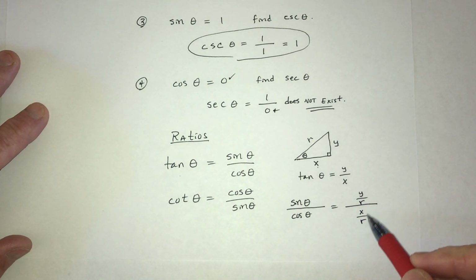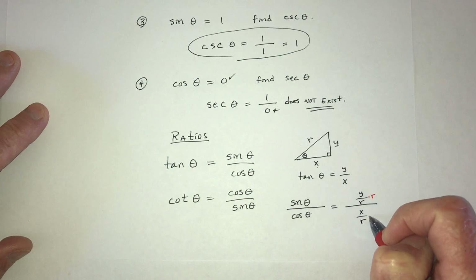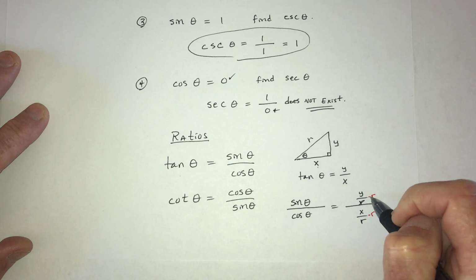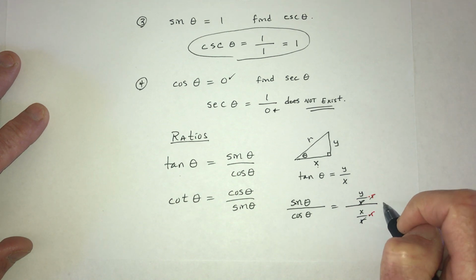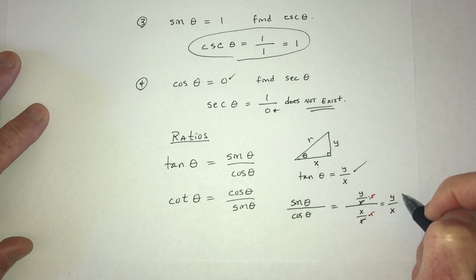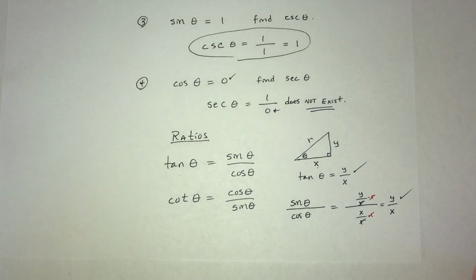And then to simplify this compound fraction, simply multiply on the top by r, multiply on the bottom by r, and it just so happens that all of those r's cancel out, and what's left is y over x, which is the same thing as tangent. So sine divided by cosine is equal to tangent.